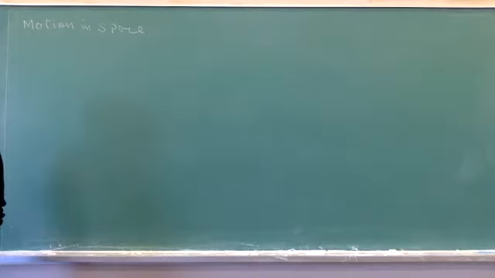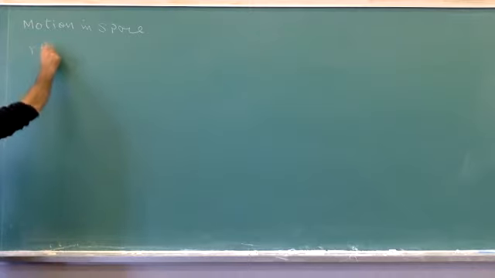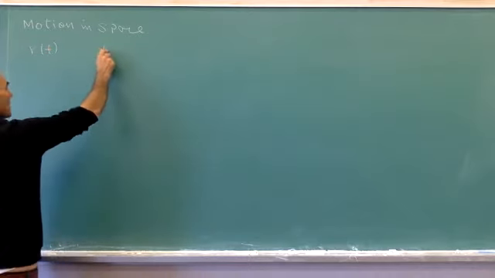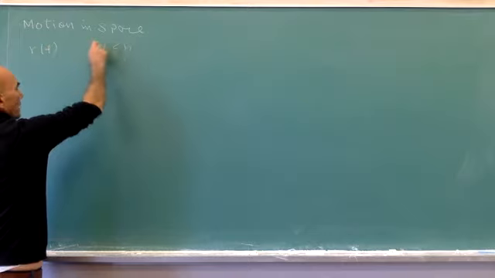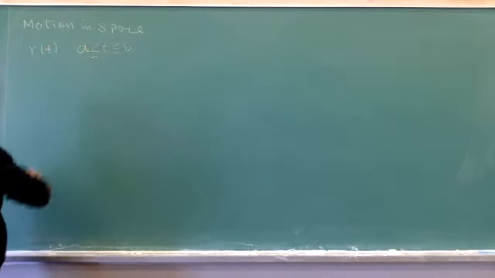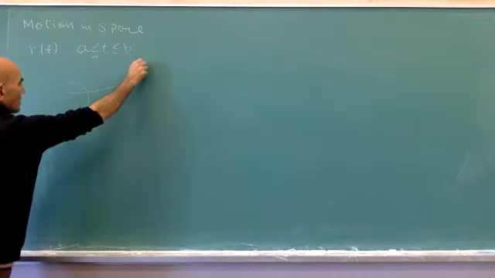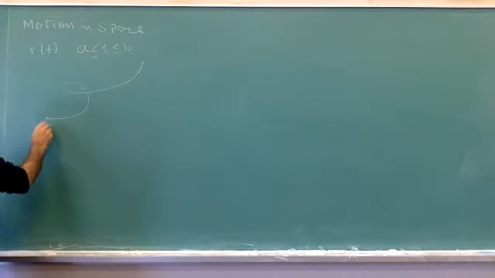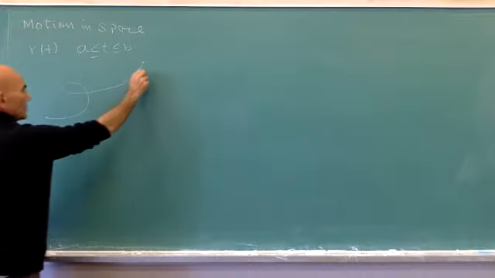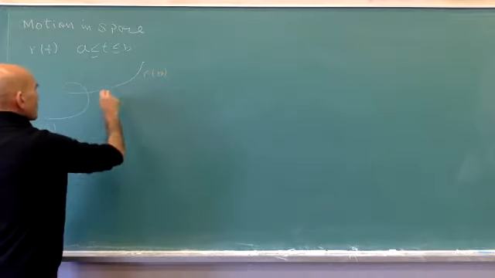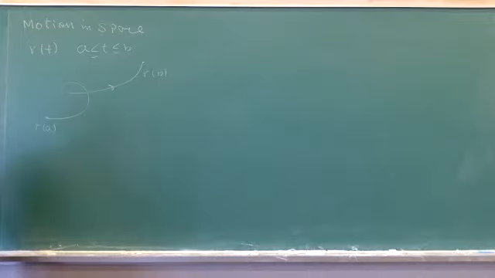Now we are thinking of these curves as defining the motion of a particle in 3D, right? So this R of t, t between a and b, is a path of a particle moving from R of a in space to R of b in this direction, for example.